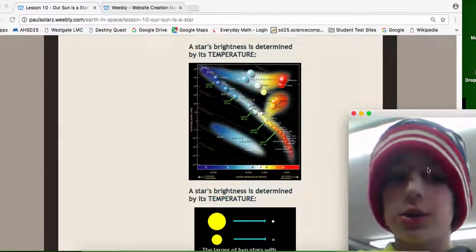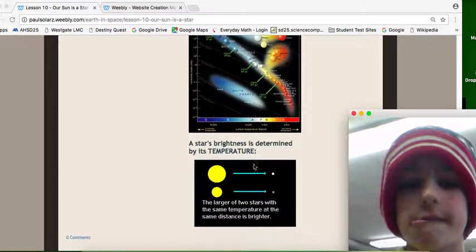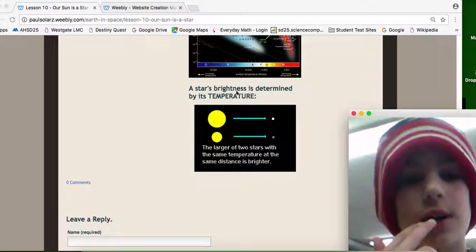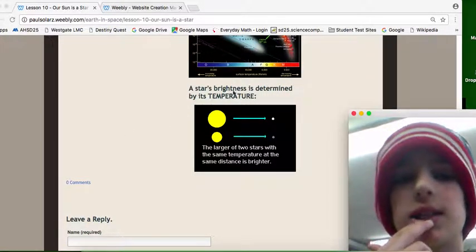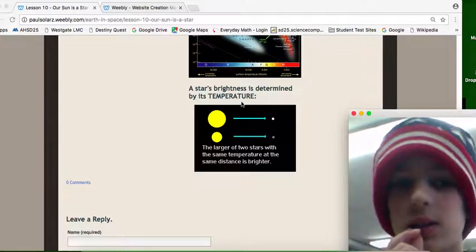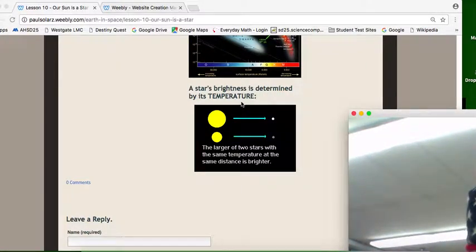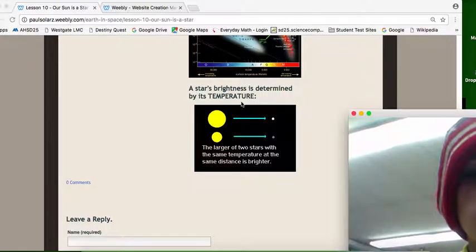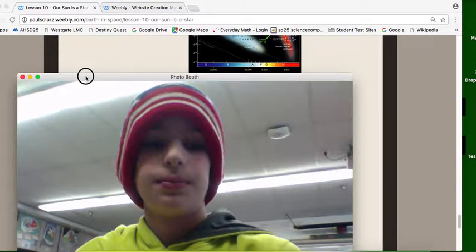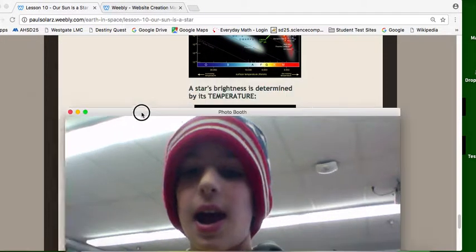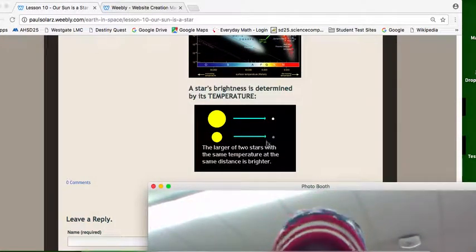And here's another one. A star's brightness is determined not by its temperature, it's actually its size.